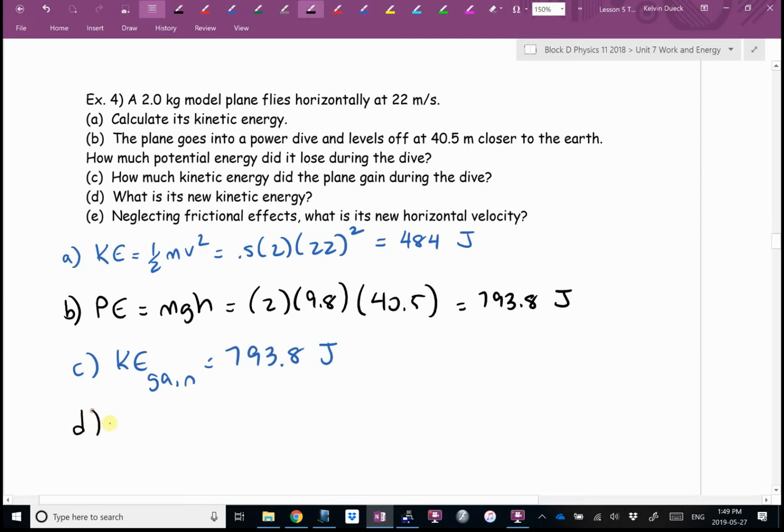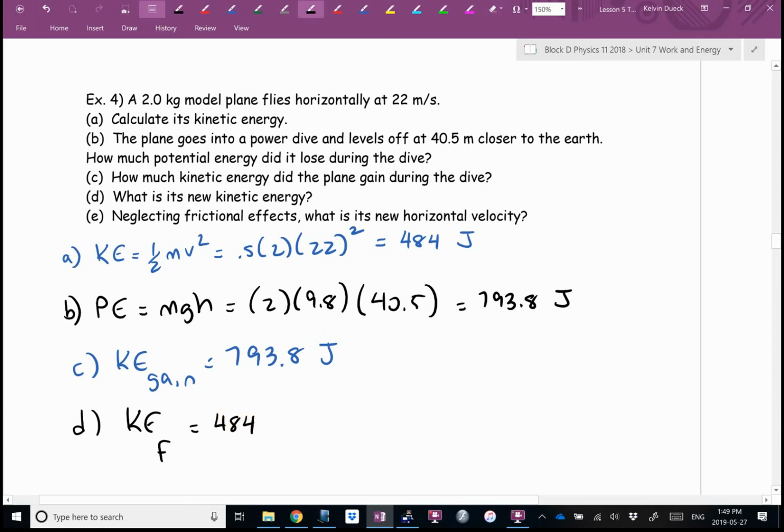So what's its new kinetic energy? Part D. Well, kinetic energy, I'm going to call it final instead of the word new. Is that okay, Savannah? Because that's often what we've done for the later. Savannah, how much kinetic energy did it start with? How much did it just gain? I think I'm going to add them together. And here's the nice thing.